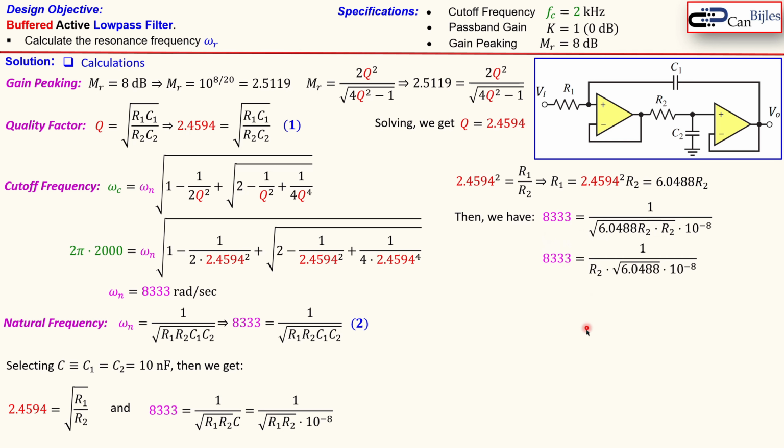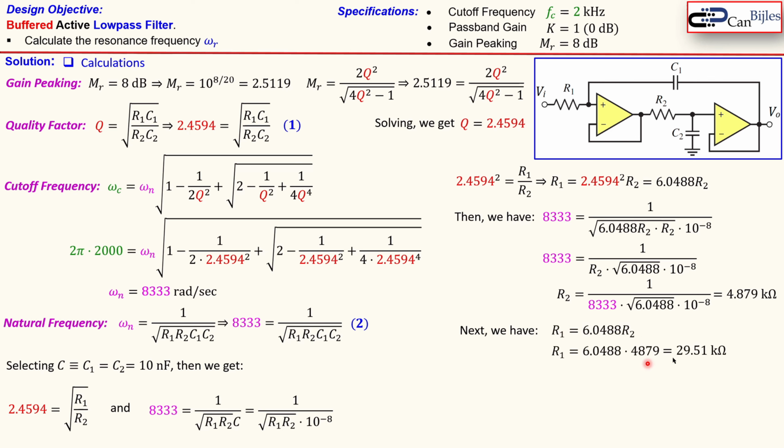And when you now calculate this further and express the value for R2, you can swap these places, and that will result in 4.879 kilo. So we know R2. Now, since we know R2, we can also calculate R1 using this formula that's shown here, and that will be 29.51 kilo.